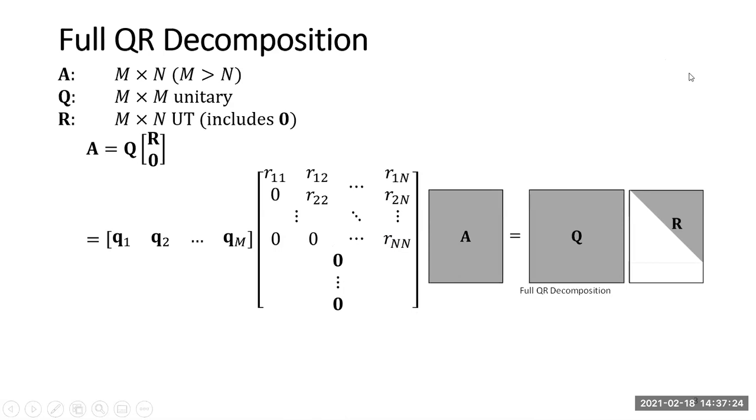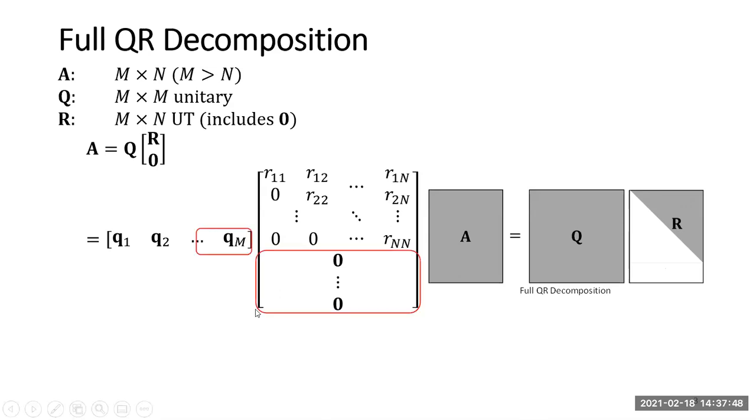And graphically, this is what it looks like. A equals Q, and this is R. Its upper part, a square matrix, is upper triangular, and the lower part is all zeros.